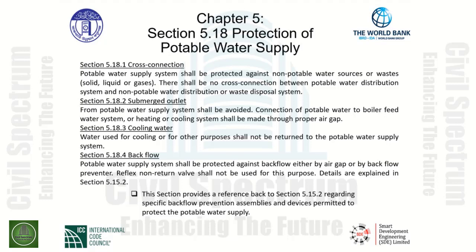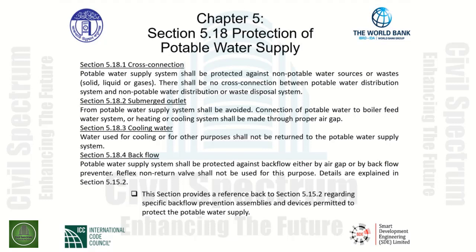Section 5.18.4 gives us backflow requirements. Potable water supply system shall be protected against backflow either by air gap or by backflow preventer. Reflux non-return valve shall not be used for this purpose.